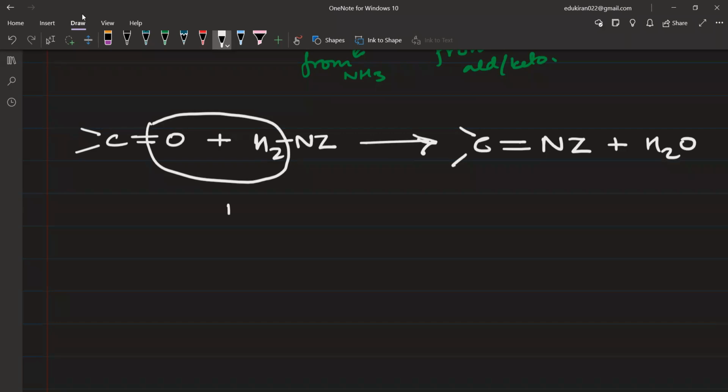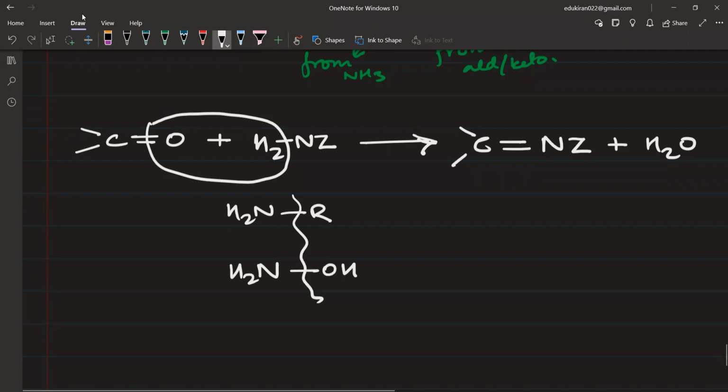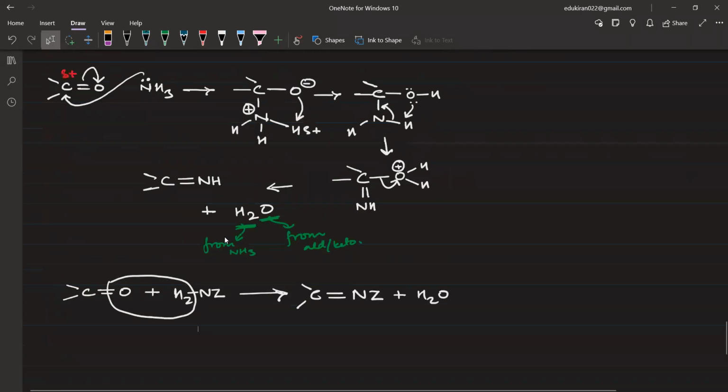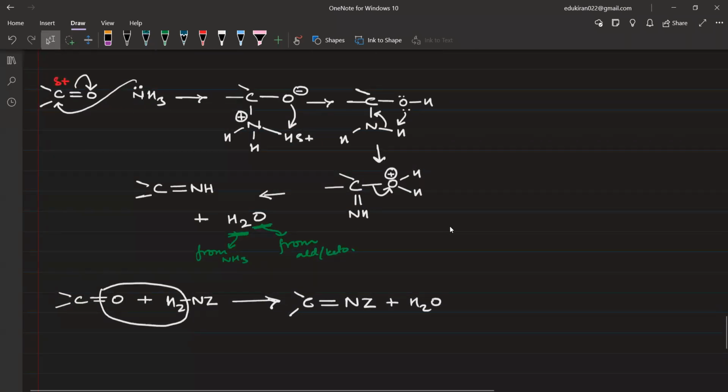You can have H2N and then an alkyl group. You can also have H2N and then an OH group. There can be many substituents in place of this Z. This general scheme of reaction is going to be like this. But first of all, you write the above part. Whatever is happening, you should understand that. And then you can also generalize with a particular product.